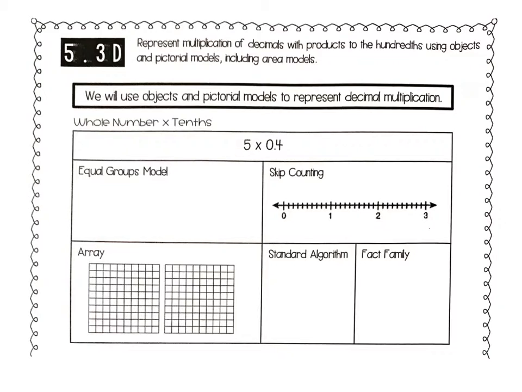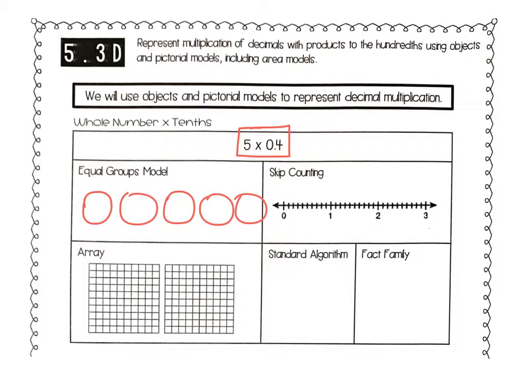Look at this example with me. We're going to be looking at the problem 5 times 4 tenths. And we're going to use those same representations that we just used with whole numbers, but this time we're going to use it with a whole number and a decimal that's less than 1. So let's think about our equal groups model. Now I know that I can make 5 groups: 1, 2, 3, 4, 5. And I want to put 4 tenths in each group.